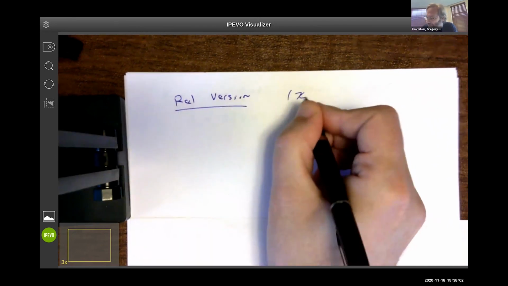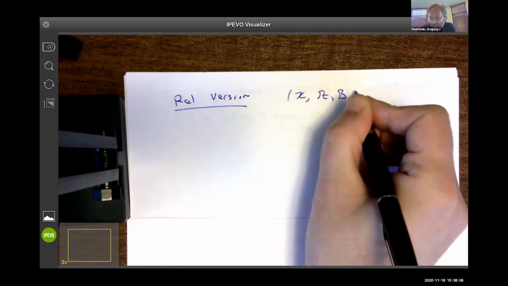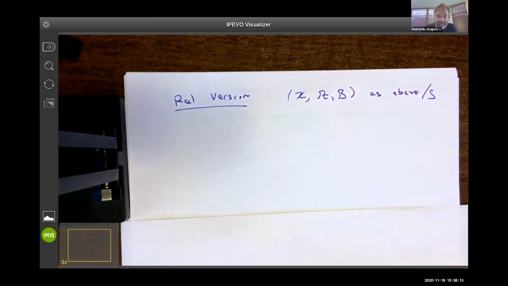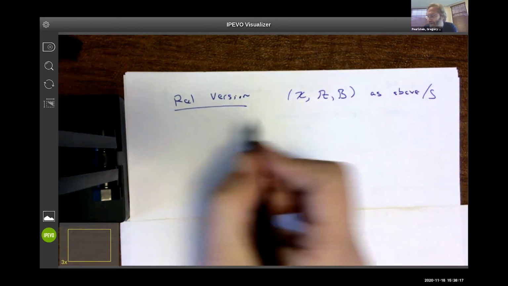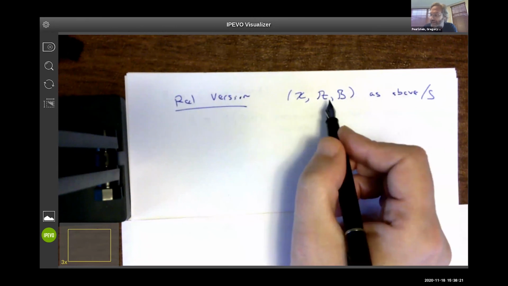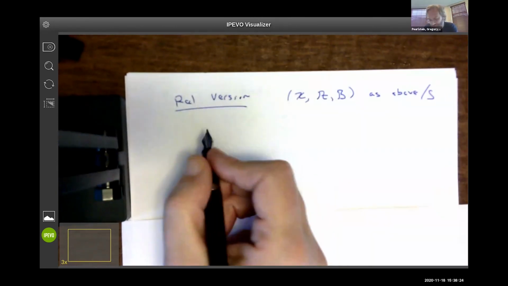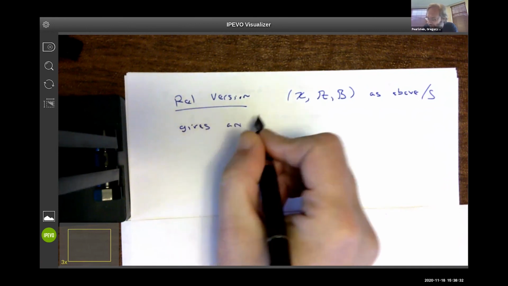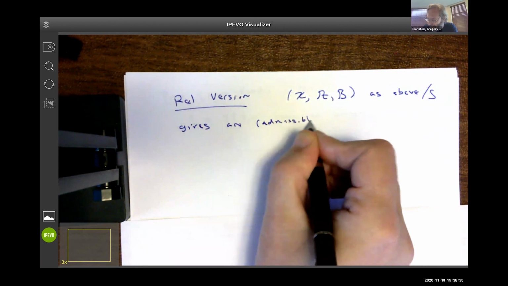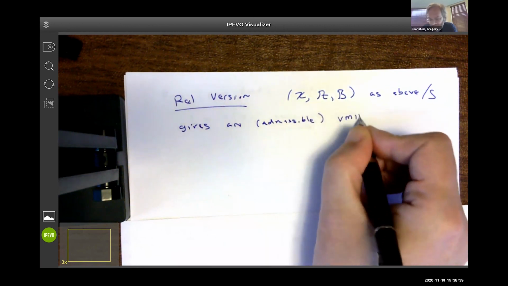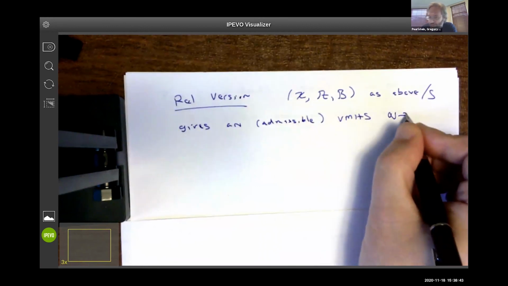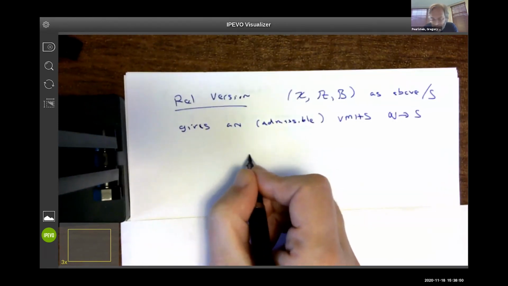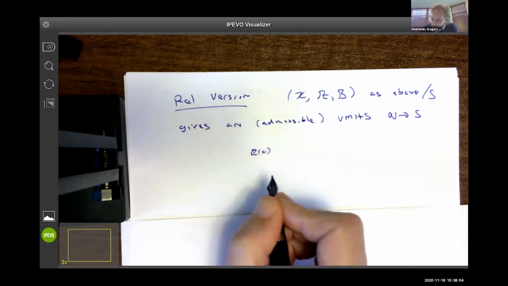Now we need a triple X, A, and B as above, but now over some parameter space S. So I need a family of smooth projective varieties over S. I need these cycles, A and B, homologous to zero on the fiber, etc. So this gives an admissible variation of mixed Hodge structure V over S, or maybe I'm lying, maybe it's really only over a Zariski open subset of S, but I'm not going to worry about that for now.